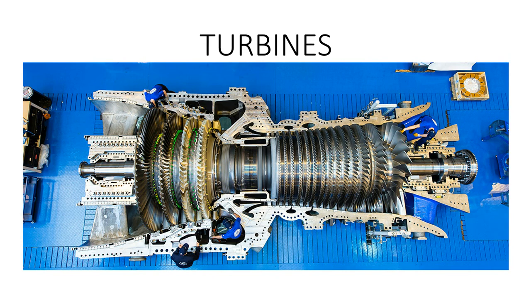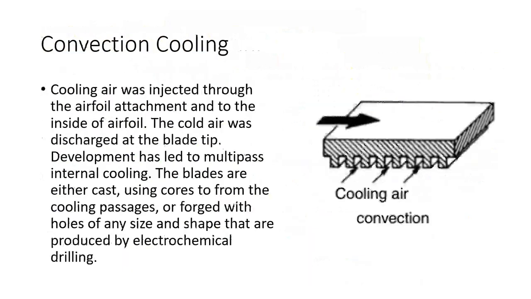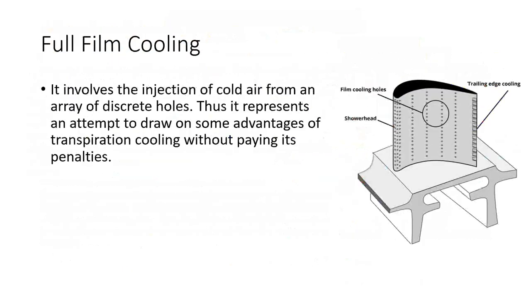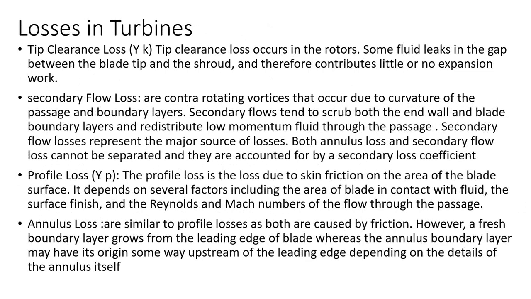Okay, why do we have that gap? We have that gap because when the blades are heating up, they expand. Because it is a metal, basically, this metal expands, and to facilitate some space for the expanded blade, you leave that tip clearance.